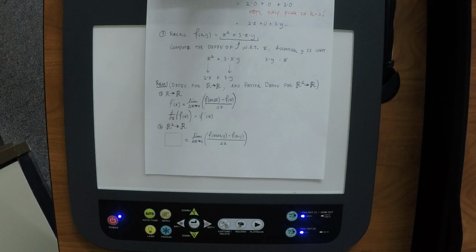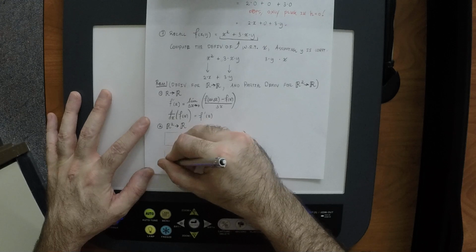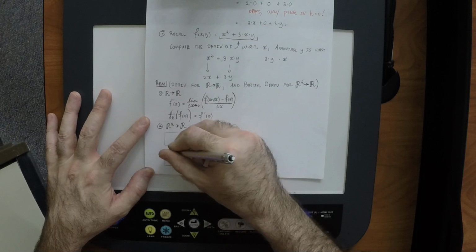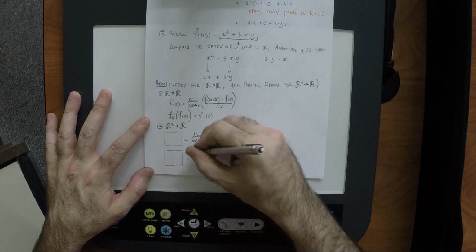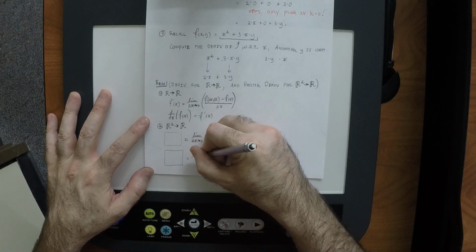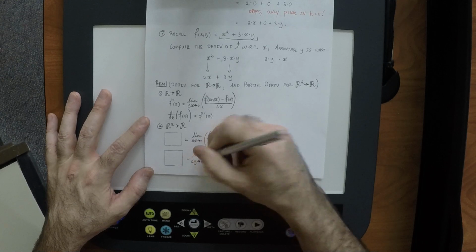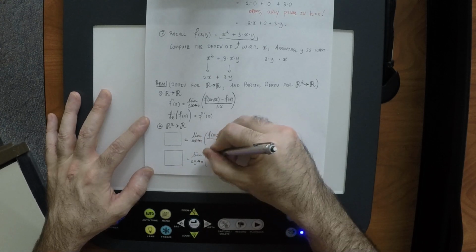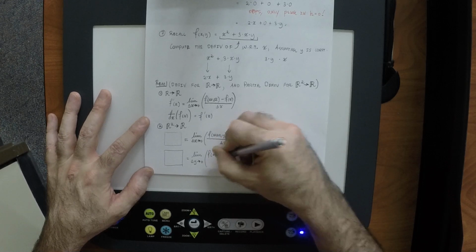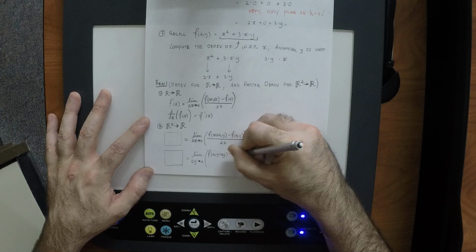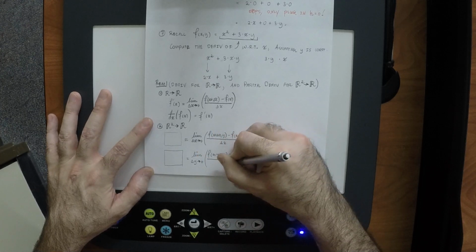But we could just as well have played with the y's, right? So we have a separate thing, leaving myself another box. So the limit as delta y goes to 0 of f of x comma y plus delta y, subtract f of x y, over delta y.